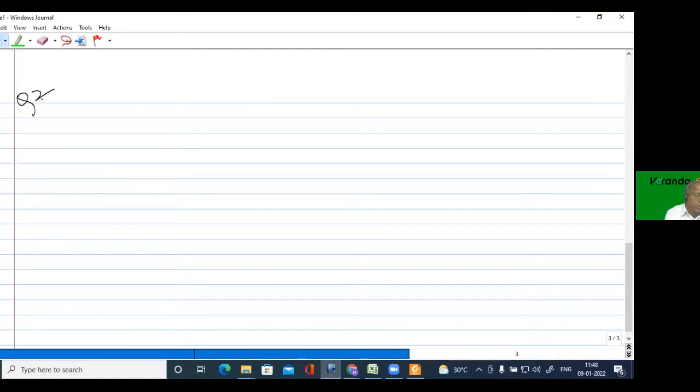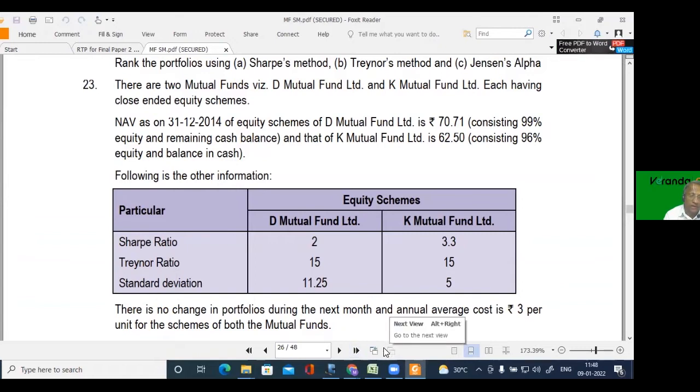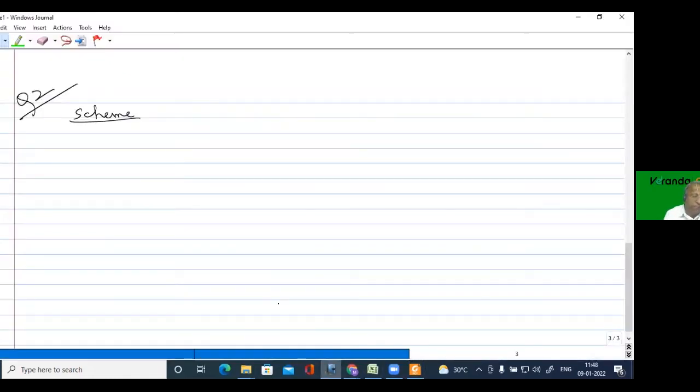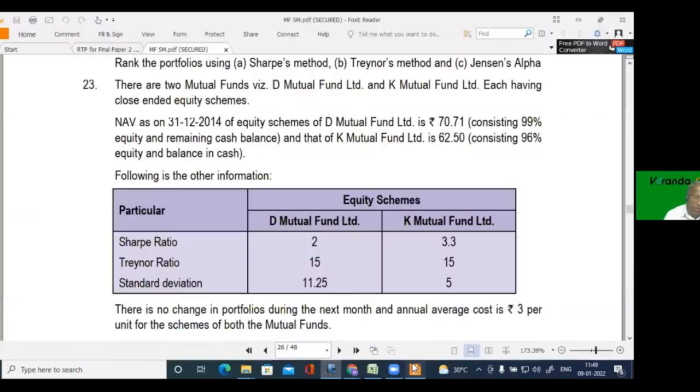This is question number 2. We have two schemes. One is D mutual fund and K mutual funds. Right. So they have given you Sharpe ratio.